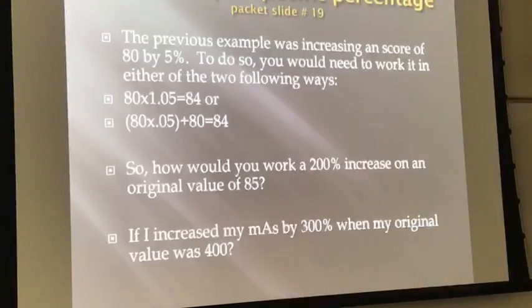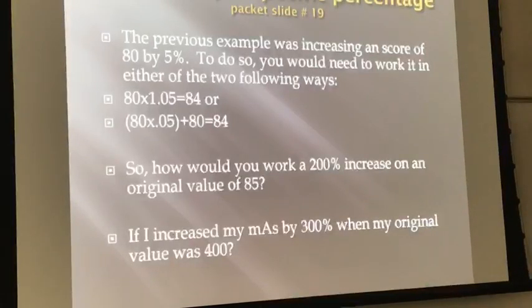I think this is actually your packet information. It just refers back to that previous slide. So if the class average was 80, and I curved it about 5%, that would mean that your class average went up by 4 points. So how would you work a 200% increase on an original value of 85?